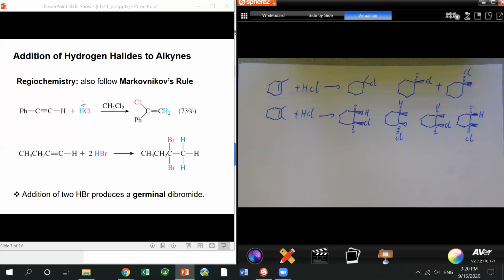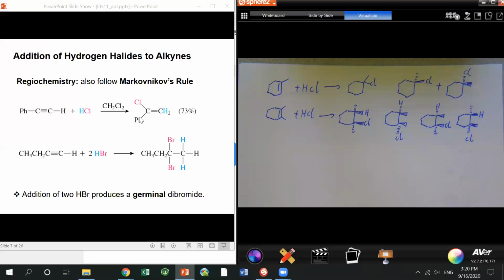If you control to only one equivalent, as shown here, that's the alkyne and you add one equivalent of HCl. You see it still follows Markovnikov: the hydrogen goes to the carbon with more hydrogens attached, the terminal carbon, and the chloride goes to the internal one.